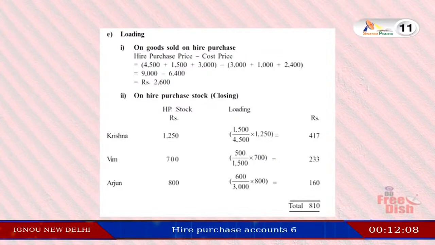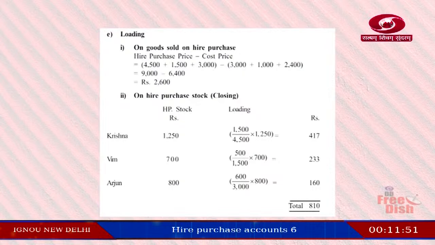So 2,600 is the amount of loading which is included in 9,000 goods sold on hire purchase. So let us see how this 2,600 has been calculated and how this 810 is calculated, and this is the balancing figure. Out of 2,600, if we subtract 810, then we arrive at 1,790, the net profit. So see how 810 has been calculated, how 2,600 has been calculated. Very simple.